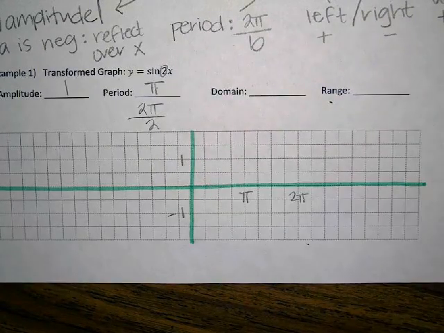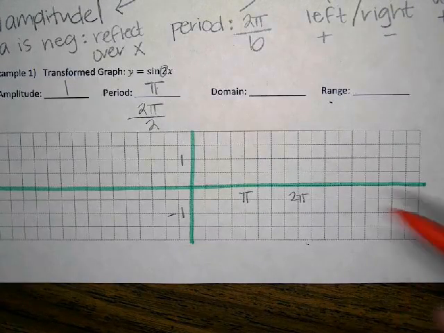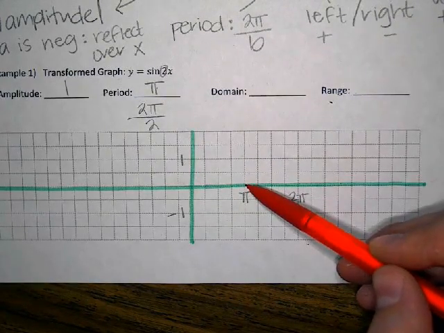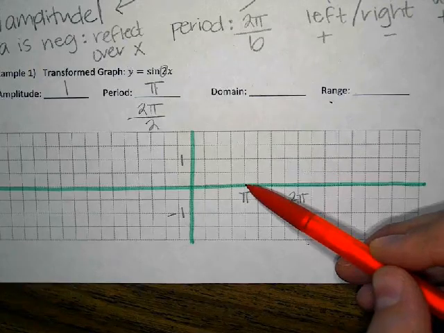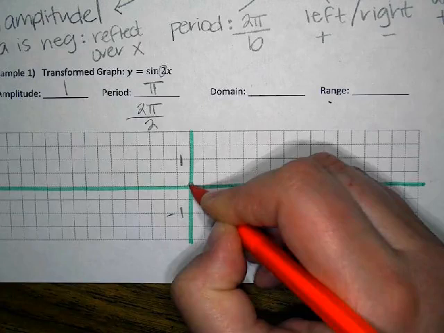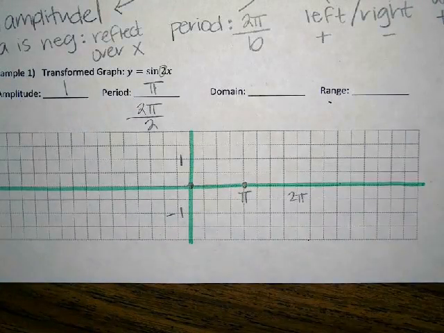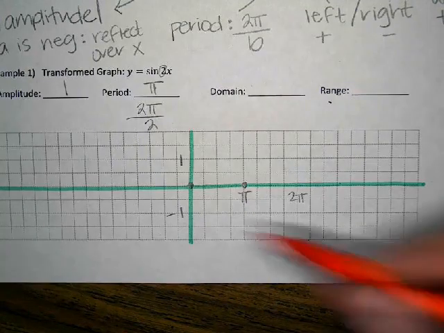Okay, so I'm going to follow the same process that I did last time, but I'm going to adjust it because the period of the graph is pi instead of 2 pi. So last time we put a dot at the beginning of the graph, and we put a dot at the end of the graph. The end of the graph last time was 2 pi, but this time it's just pi. So a dot at the beginning, a dot at the end, then we had to put a dot in the middle.